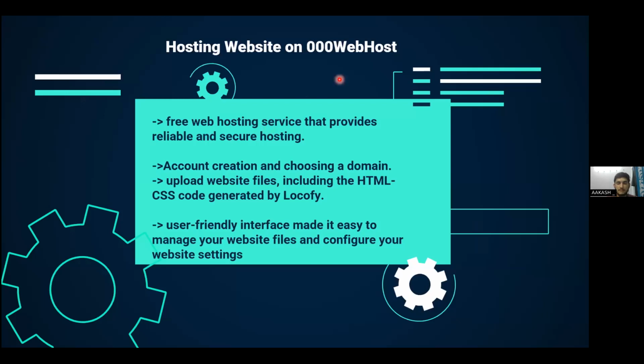And then hosting the website on the 000webhost server. It is a free of cost service, and you just have to create an account in 000webhost, choose a domain for your site and upload all the necessary files of your website. Once you upload the files, the site is automatically hosted. It has a very user-friendly interface, and it's very easy to manage your website and configure your website settings.